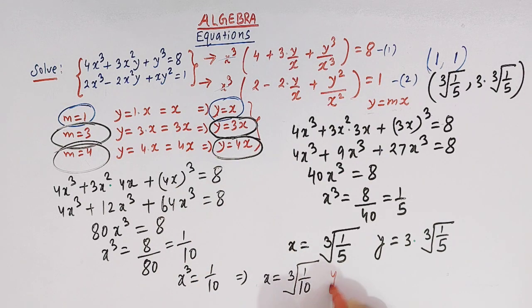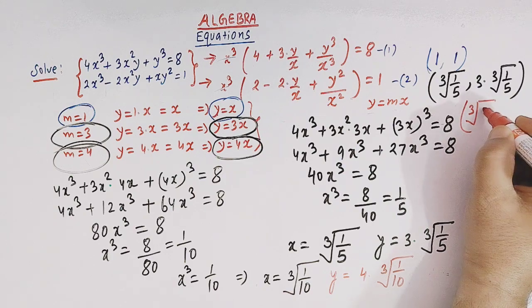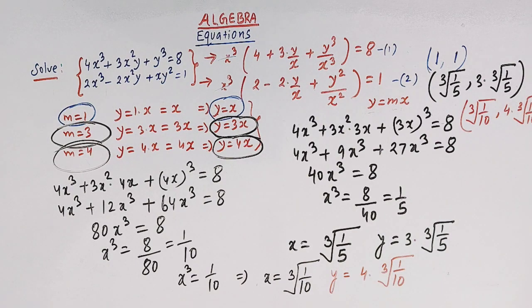So now y is equal to 4 times the cube root of 1 over 10. So the third pair of values of x and y is the cube root of 1 over 10, and 4 times the cube root of 1 over 10.